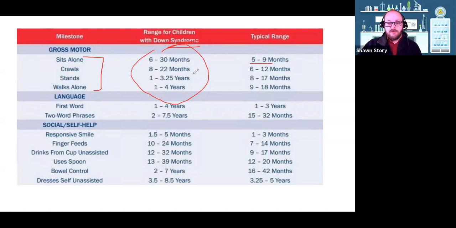It takes 3 times, 4 times longer to develop a lot of these motor skills and then language skills and things like that as well. And so we can start seeing those early warning signs and educating parents about them: maybe there's some type of cognitive disability, and do we need specialists? Do we need applied behavior analysis? Do we need some of these explicit training tools to help children develop better?